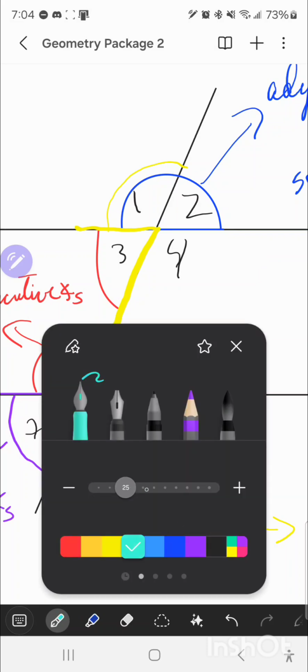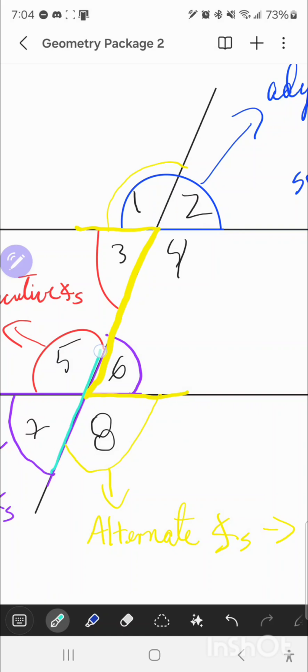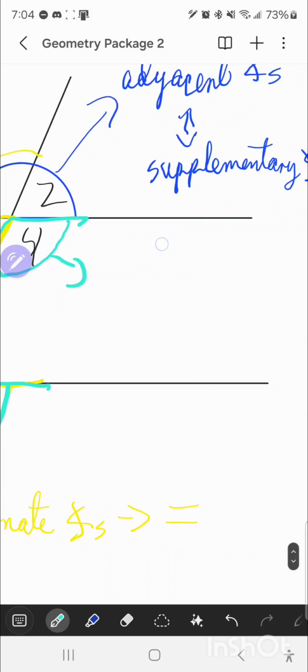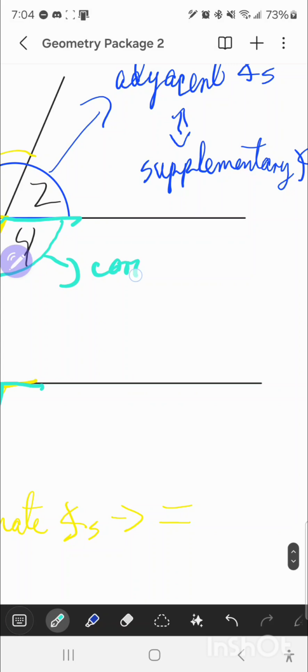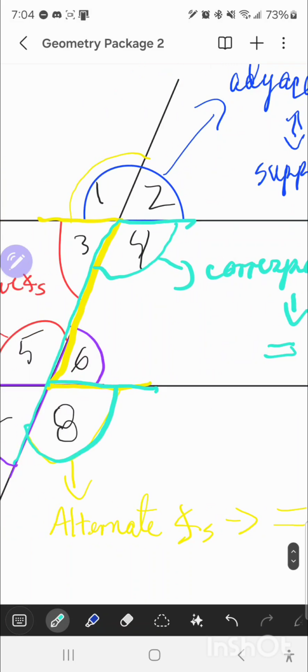Okay, and draw an F here, and I will say that 4 and 8 are corresponding angles. They are equal to each other.